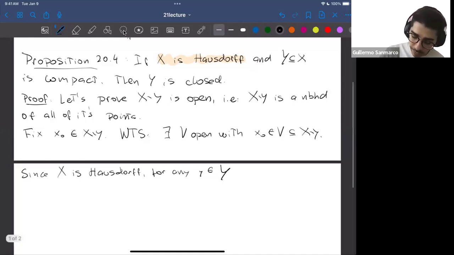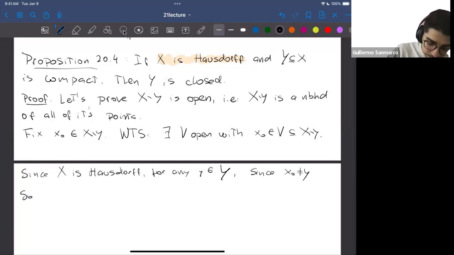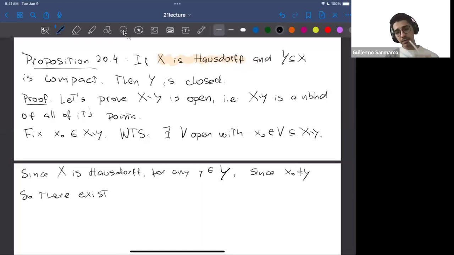So for any y, x naught is not going to be y, and the space is Hausdorff. That means there must exist two neighborhoods, one for x naught and one for y, but they depend on y because x naught is fixed.